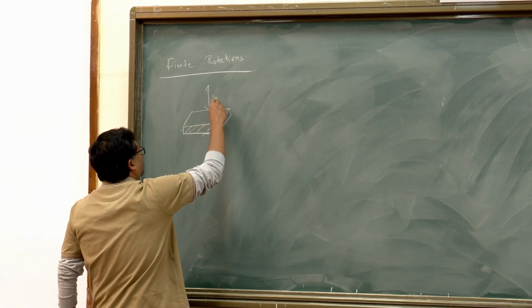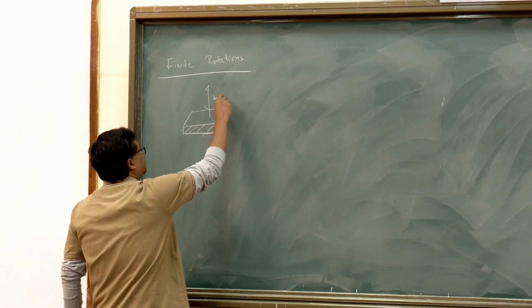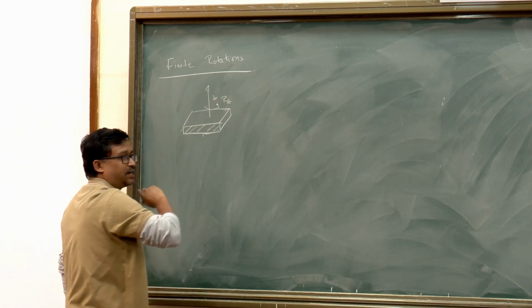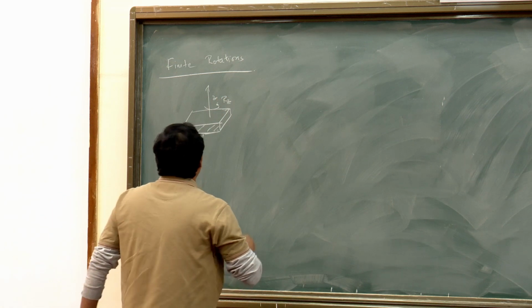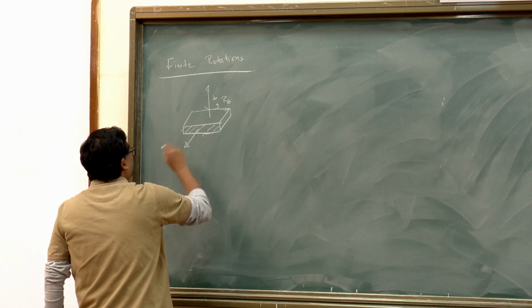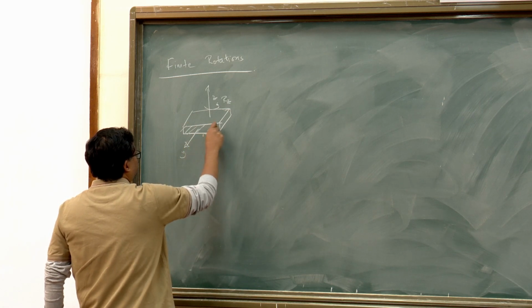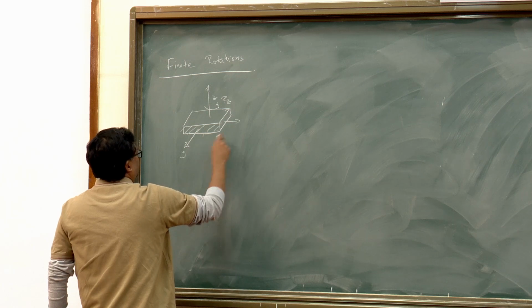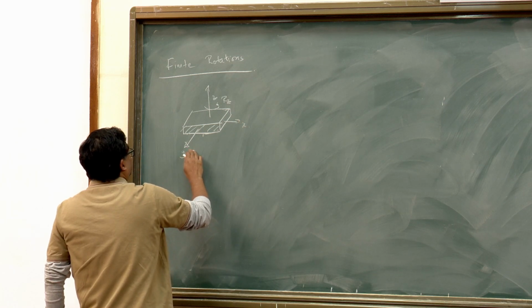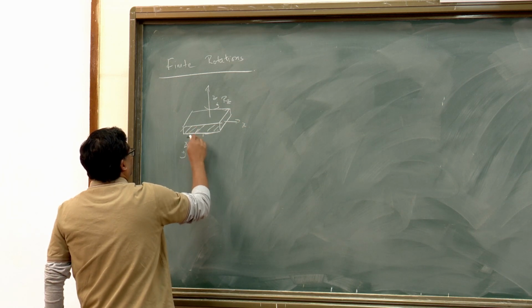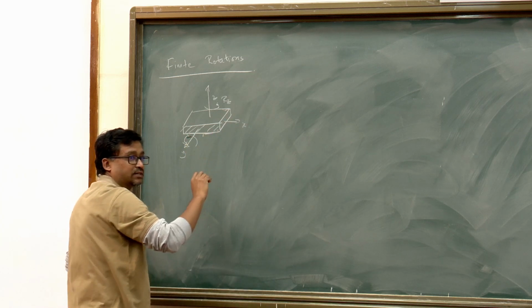We will do rotations in the anti-clockwise direction. This will be Rz, rotation around the z axis. Similarly, this will be our y axis, and this will be our x axis. So this will be rotation around y and rotation around x.